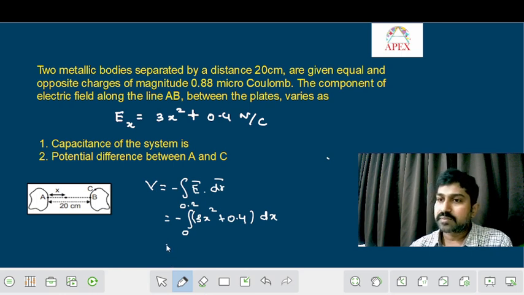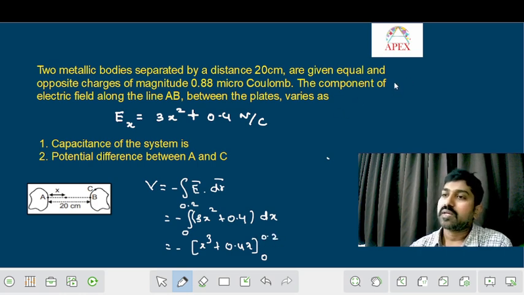Then this will be minus the integration of 3x square, which is 3x cube by 3, so it will be x cube, and for 0.4 the integration is 0.4x. The limits are from 0 to 0.2. Finally, what is V?